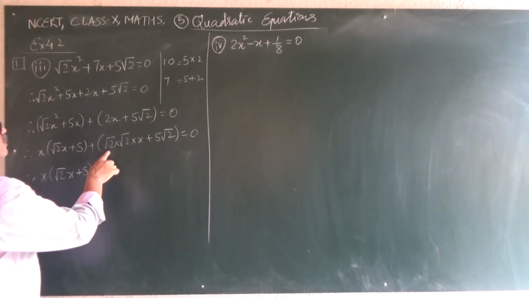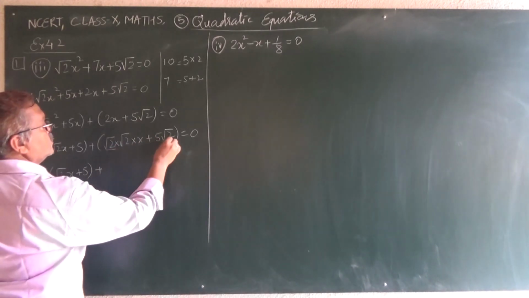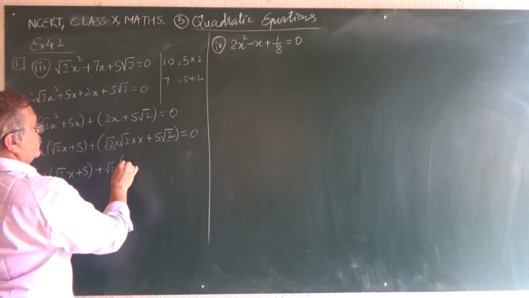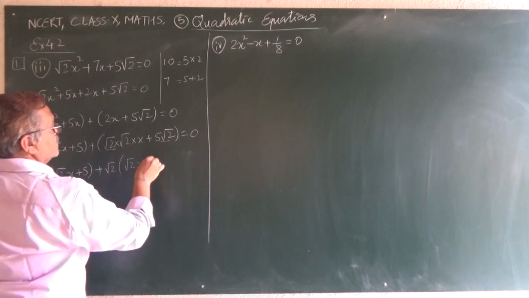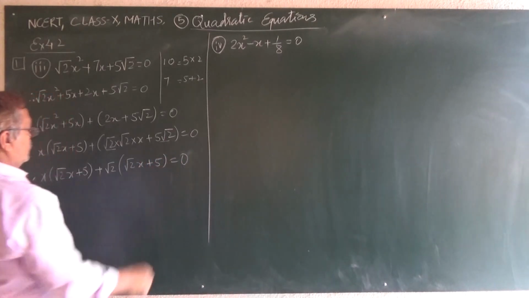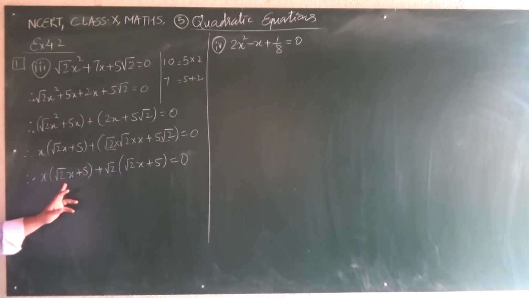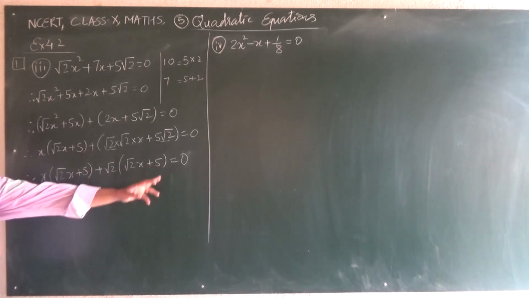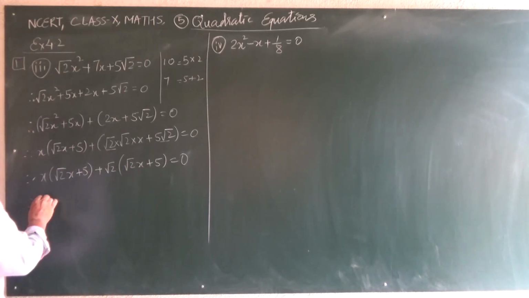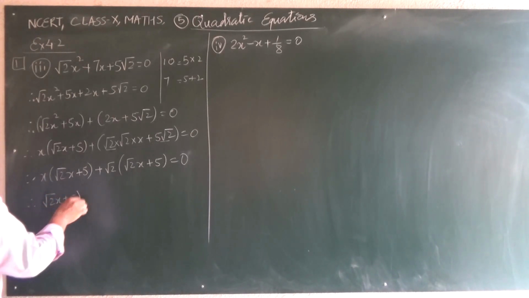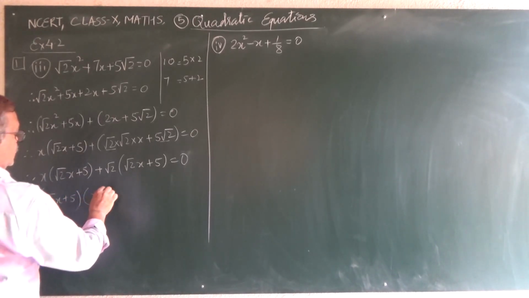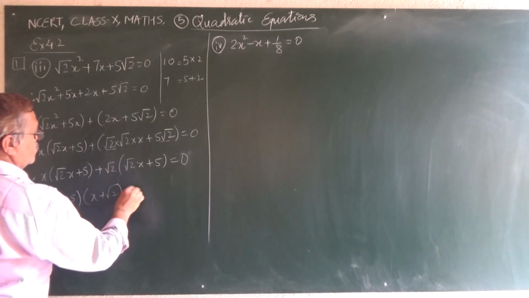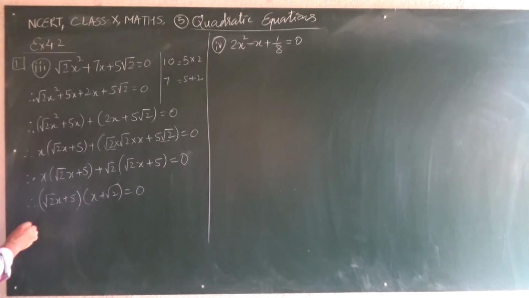Now, what is common? Root 2 is common. So root 2, inside bracket root 2x plus 5 is equal to 0. Yes, so root 2x plus 5. Very good. So therefore, root 2x plus 5 into x plus root 2 is equal to 0.